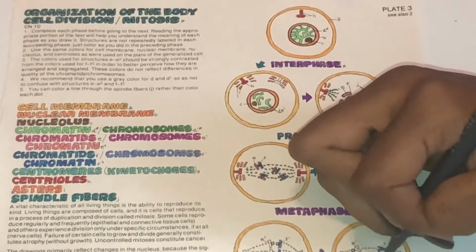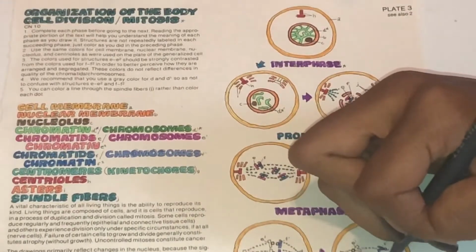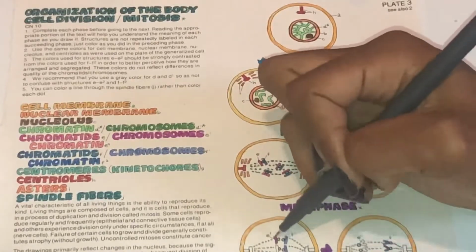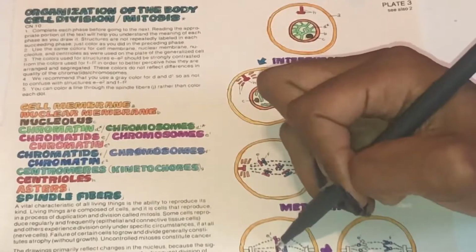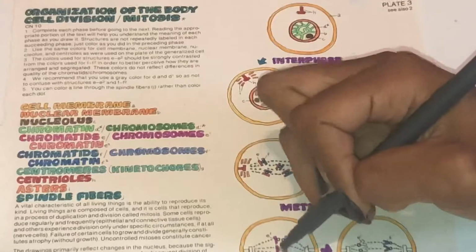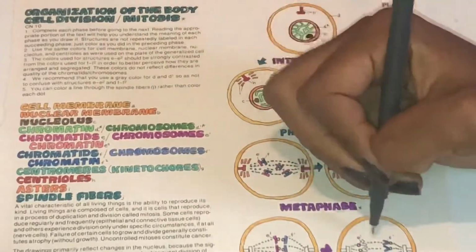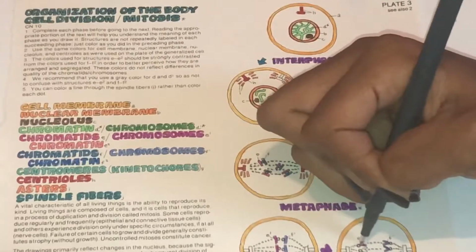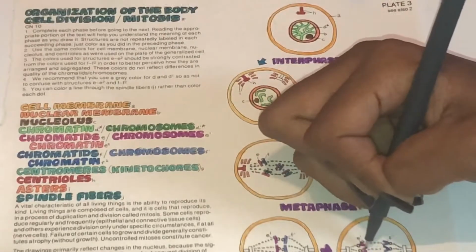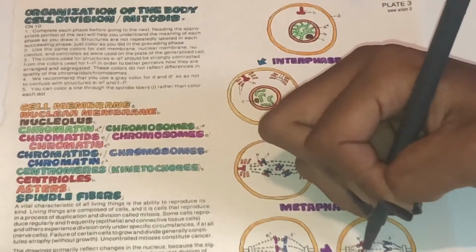So they went from chromatids to chromosomes. And the same for E, the pinker pink.